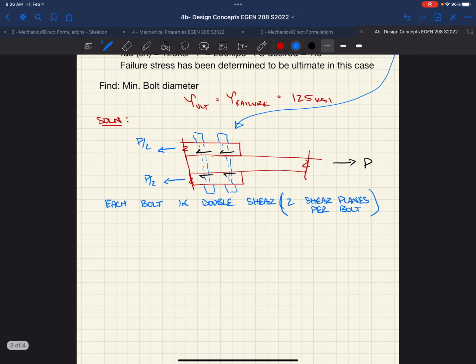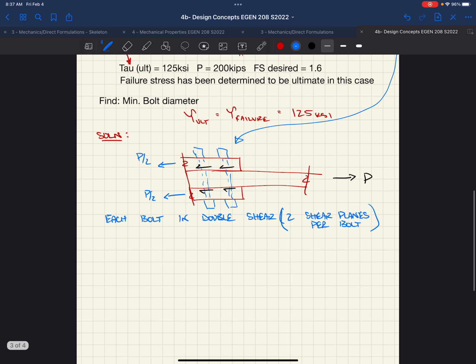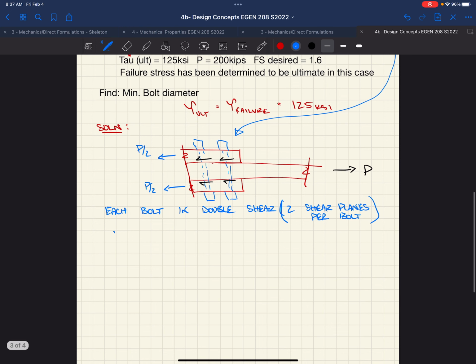So we have 4 bolts total with 2 shear planes per bolt. So we have a total of 8 shear planes.